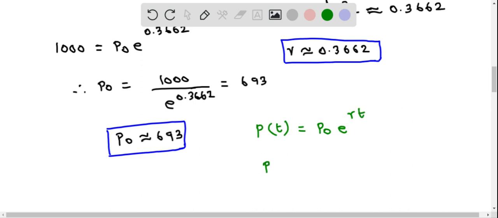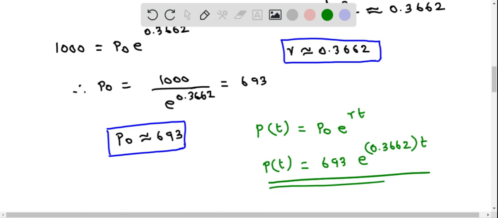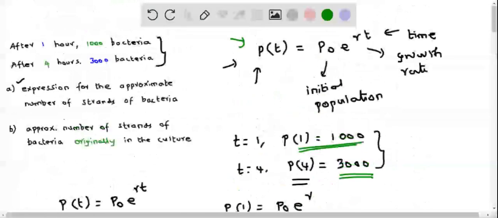So let's replace the values of p naught and the growth rate r. Therefore this becomes p of t equals 693 times e raised to the power of 0.3662 times t. So this is the expression for the approximate number of strands of bacteria after t hours. And this answers the question in part A.